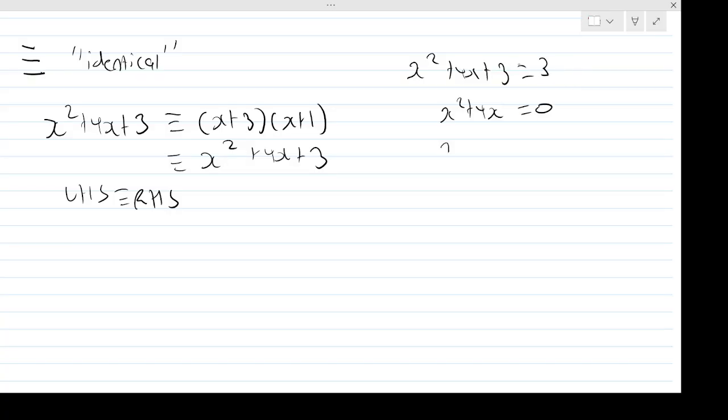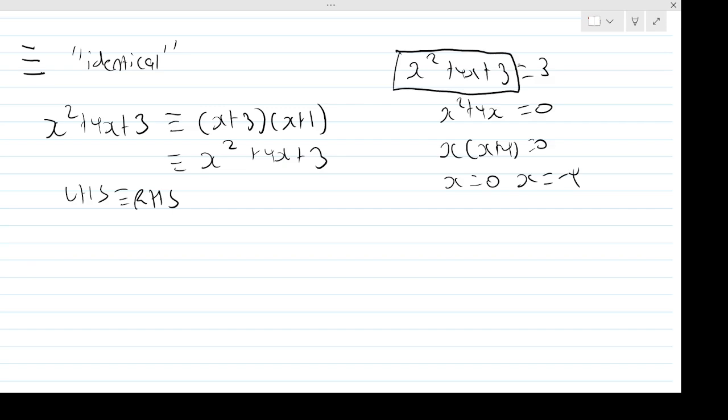The roots here will be x times x plus 4 equals 0. And this statement is only true if x is 0 or x is minus 4. Okay, so it's not an identity. This left-hand side is not identical to 3. It's only equal to 3 for certain values of x, and actually only for these two values of x.